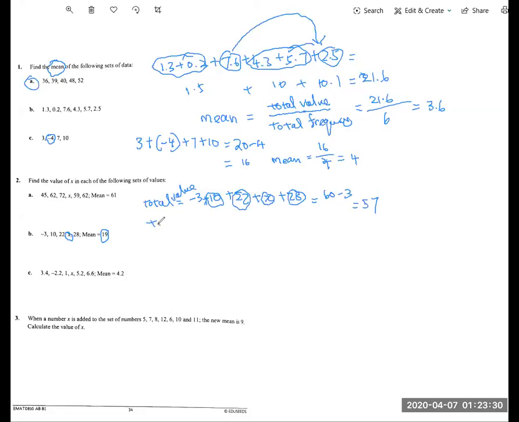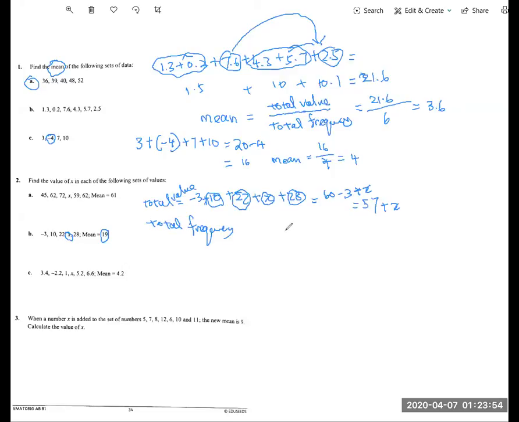Now total frequency: you have an x here, so these combined become 57 plus x. For the total frequency, how many of them? 1, 2, 3, 4, 5.